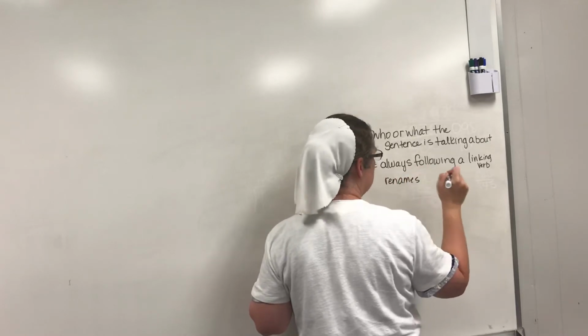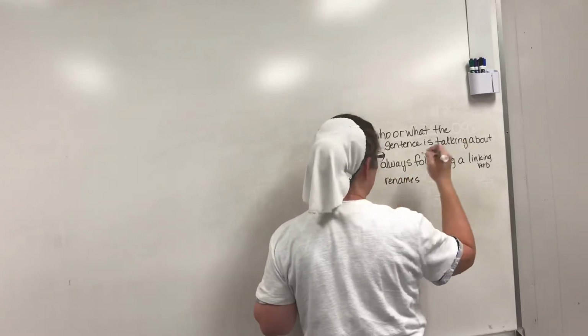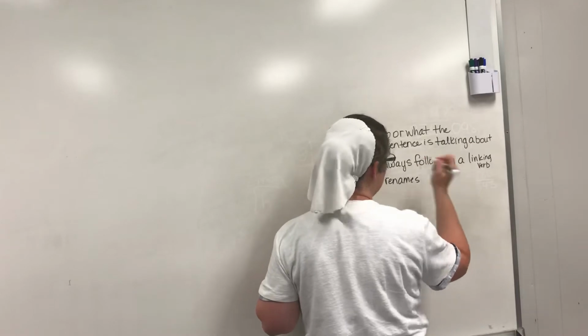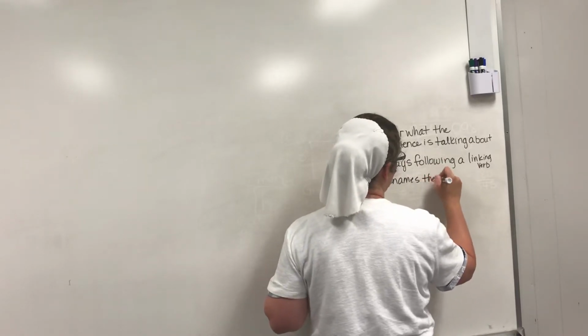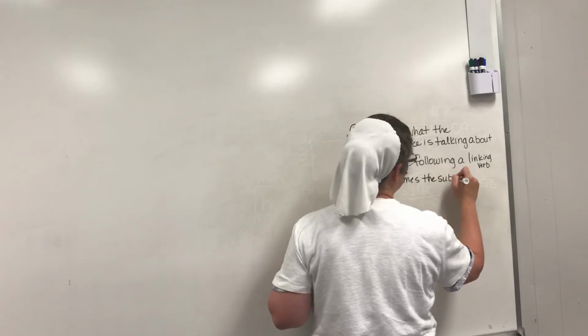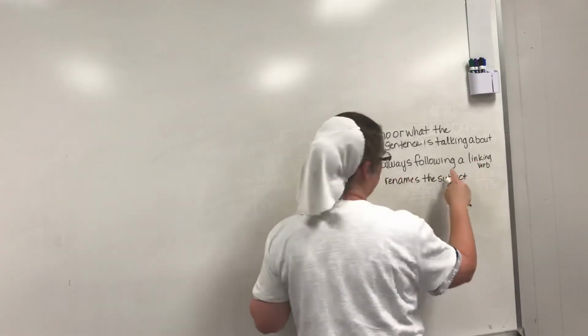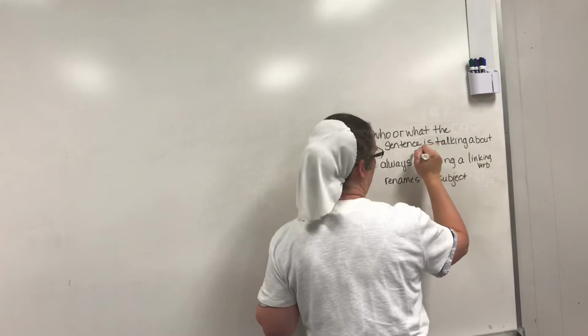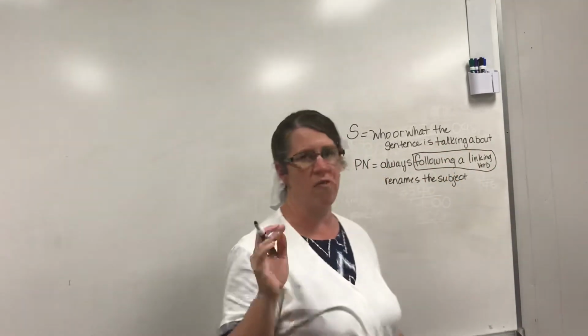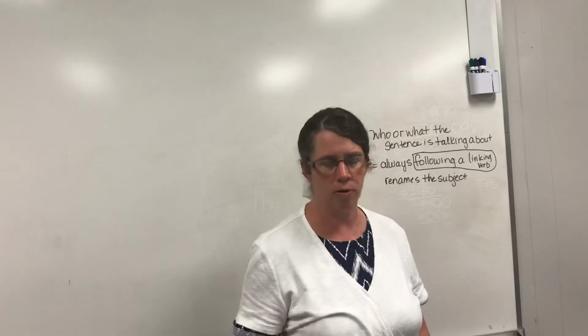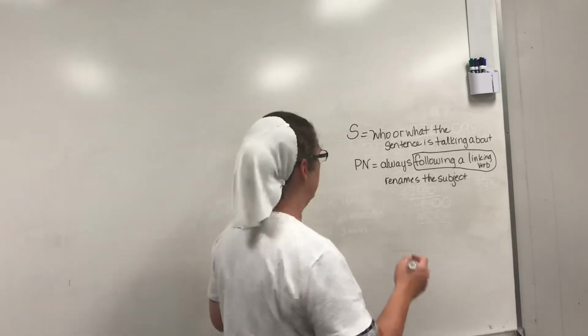Miss Kim is my teacher. Teacher is a predicate nominative. It's renaming Miss Kim. If you guys can remember, this always follows a linking verb. A predicate nominative is very easy to pick out.